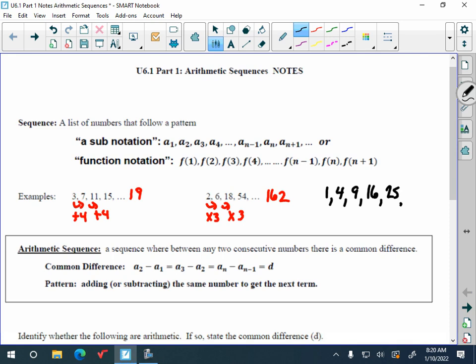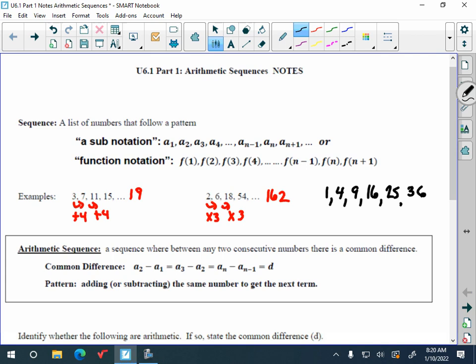So what's special about these numbers? Good. So you can see that there's actually 2 different patterns here. One is you can see to get from 1 to 4 we could add 3, and then from 4 to 9 we could add 5, and then 9 to 16 adding 7, 16 to 25 adding 9. So the next one we would add 11. Okay, that's one pattern. Okay, what's another pattern that you can see?